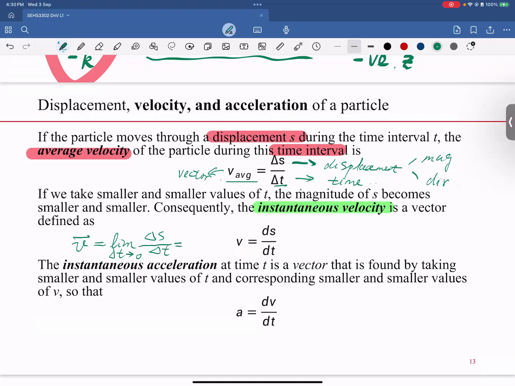And under such a condition, the definition of derivative tells us we can denote it as ds over dt. Actually, in handwriting, we can use s hat to denote this is a vector. Therefore, the left-hand side and the right-hand side are all vectors.